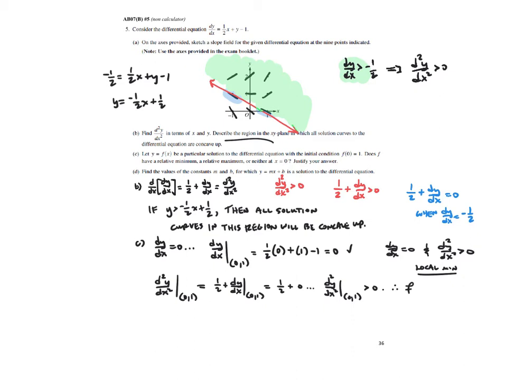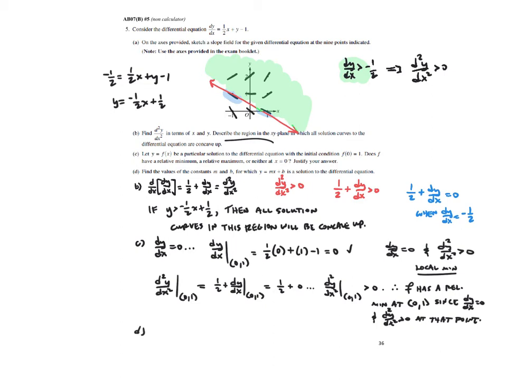F has a relative minimum at 0, 1 since dy dx equals 0 and the second derivative is greater than 0 at that point.